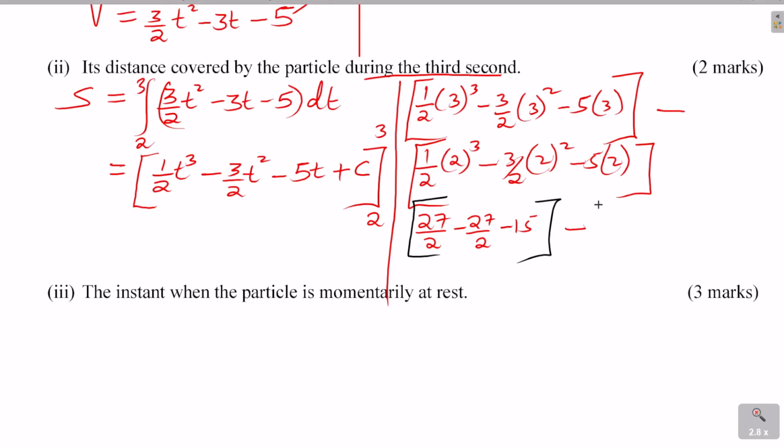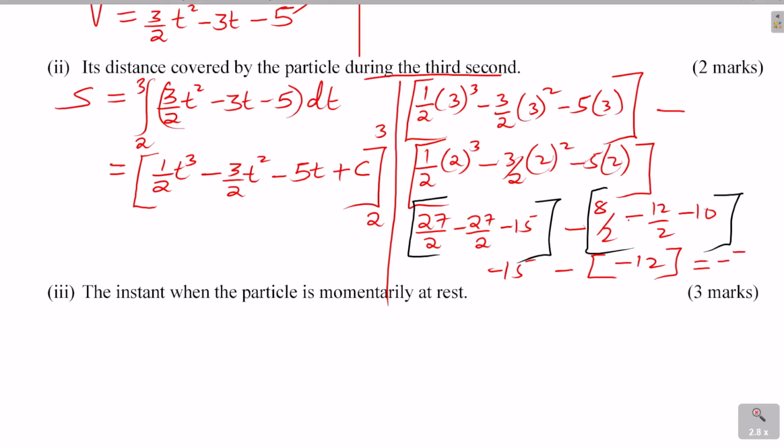This will give 8 over 2, 8 over 2 minus 12 over 2 minus 10. So working out these, this will give negative 15, then minus this one will give negative 12. 4 minus 6 minus 10, negative 12. And when you work out these, you will get negative 3.